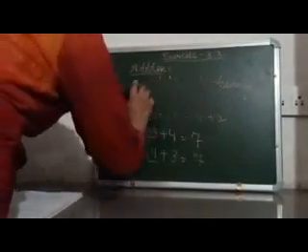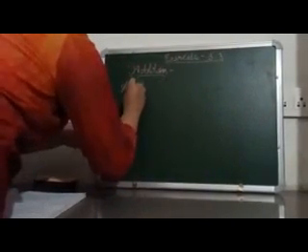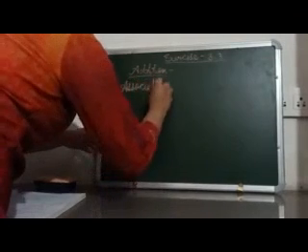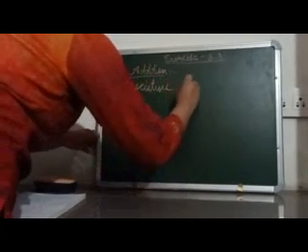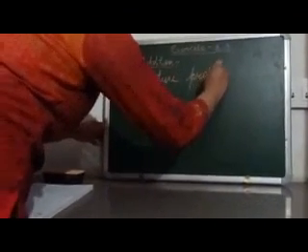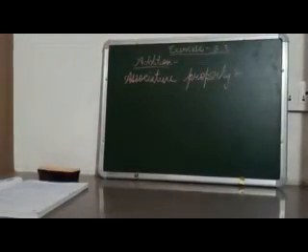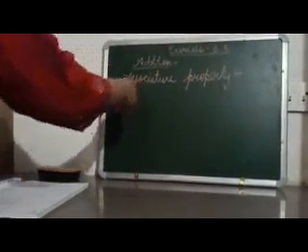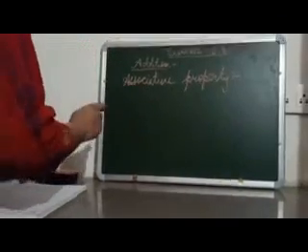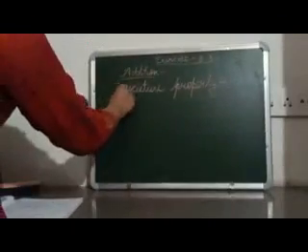Next is associative property. So in associative property, we take the sum of 3 or more integers, and we study that the sum of 3 or more integers does not depend on the way the integers are grouped.